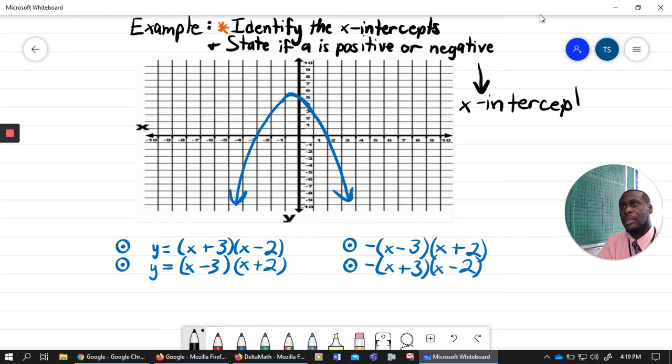The x-intercepts are -3, and what's the other one? 2. Look at that. The x-intercepts are -3 and 2. That is our P and our Q, right?